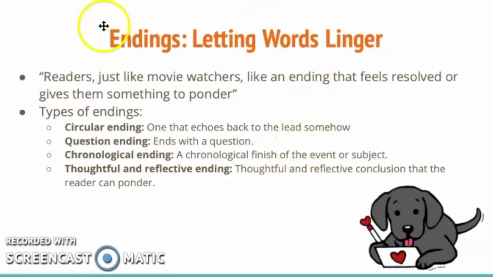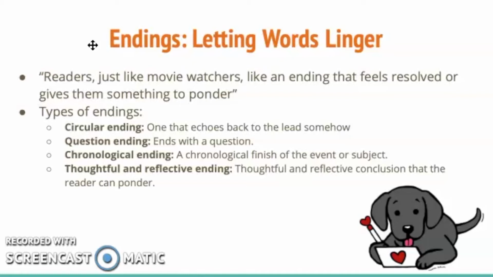In this section, it talked about endings and the importance of endings and their impact on readers. One quote that I really liked from the book was, "Readers, just like movie watchers, like an ending that feels resolved or gives them something to ponder."